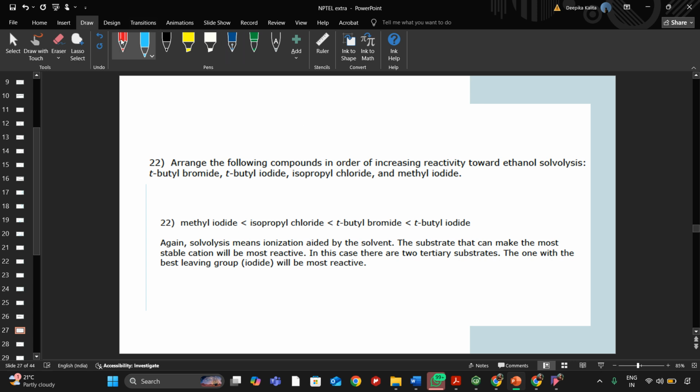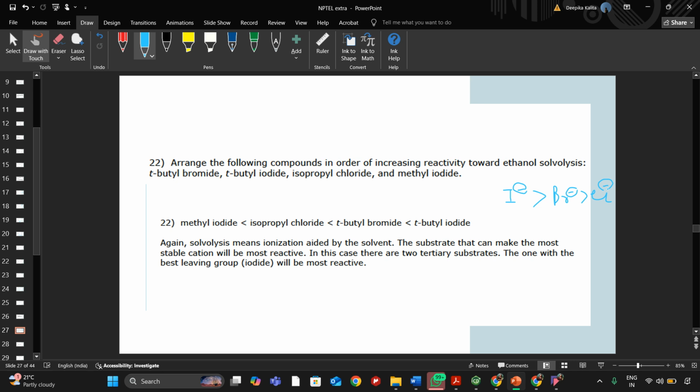To understand this answer, we must know the leaving group ability, and for that you must know that iodide is the best leaving group, which is better than bromide, and bromide is better than chloride.